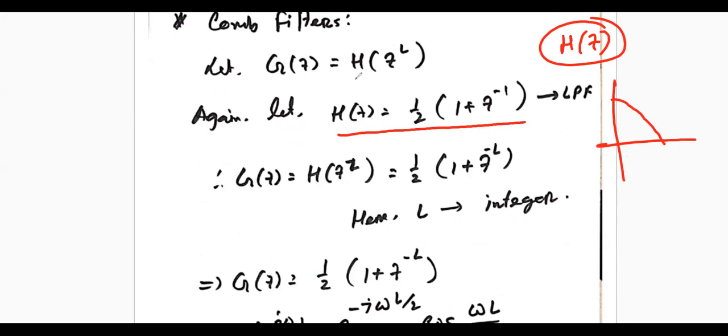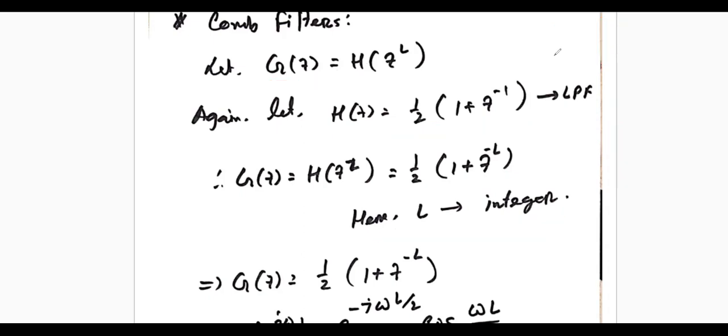The comb filter G(z) is equal to H(z) to the power L, where L is an integer value. It can be any integer value, 1, 2, 3, 4. In general, we take a value like 4 or 5 for our purpose.